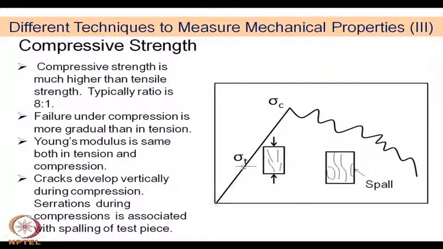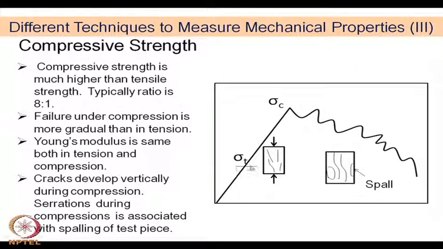In fact, here is a stress strain diagram. Sorry, this is strain and this is stress, which has not been mentioned here, but this is a normal stress strain curve, and you can see this is the initial elastic range. This is the compressive stress and this is the tensile stress.